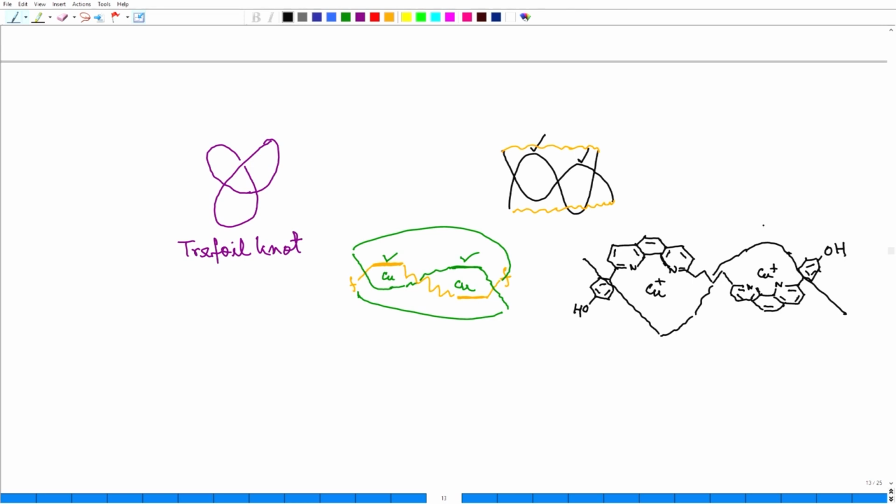Up, down, this is down, up. So, that way it forms, and then I am going to close it, and then I will get rid of this copper. Then what am I going to get? Trefoil knot, that is it. Okay. So, these knot compounds are over.